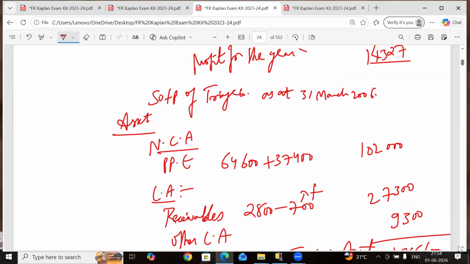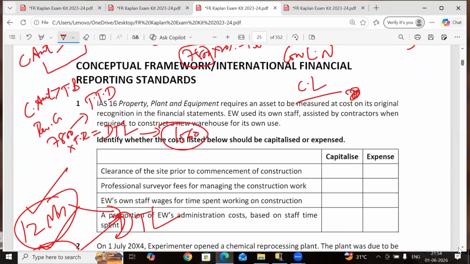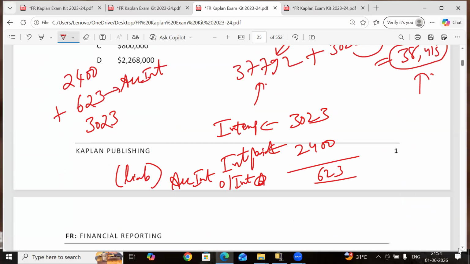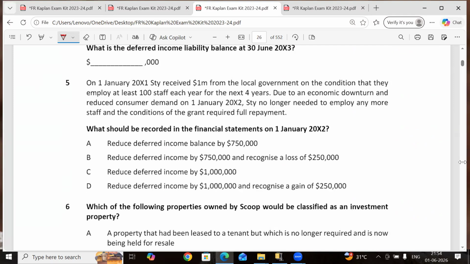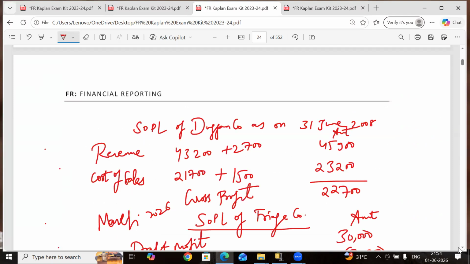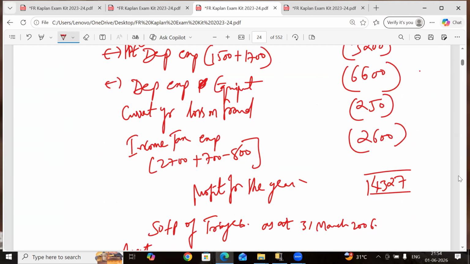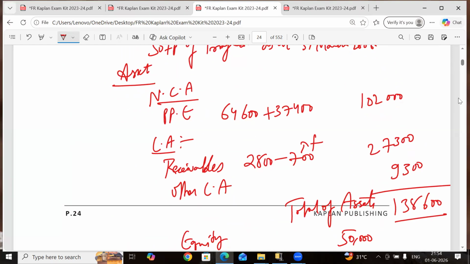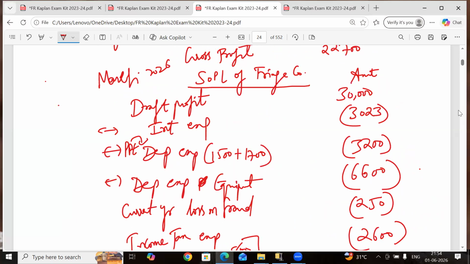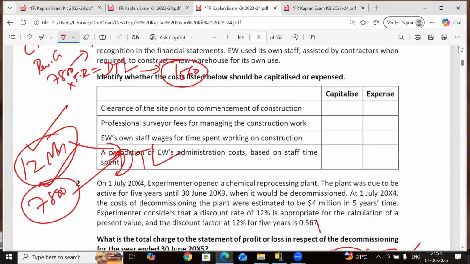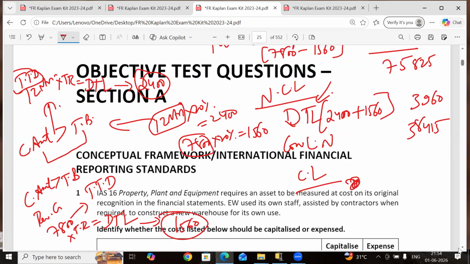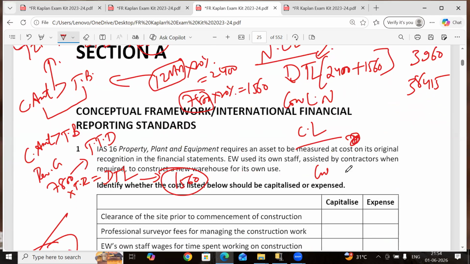This year's estimate is 2,700, right? That much tax we need to pay. So current tax payable is 2,700. This is the current tax estimate that we made.